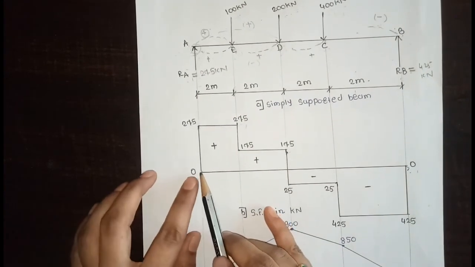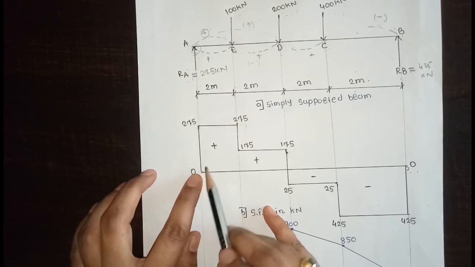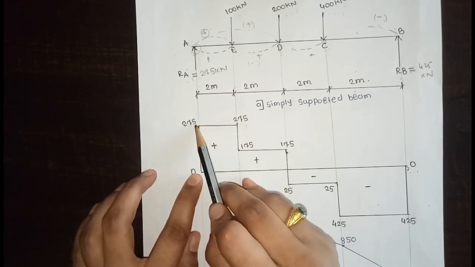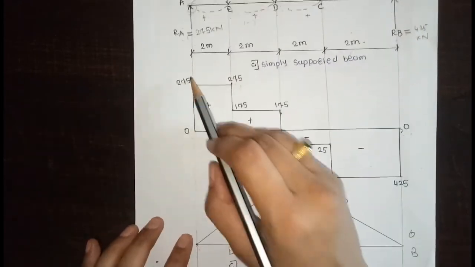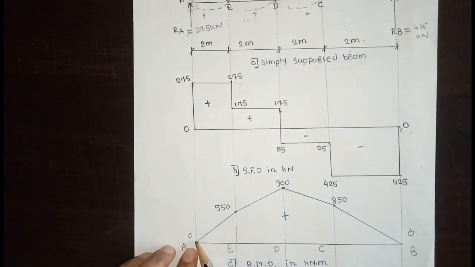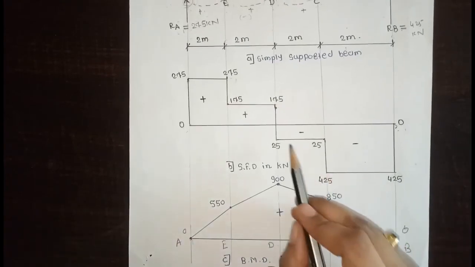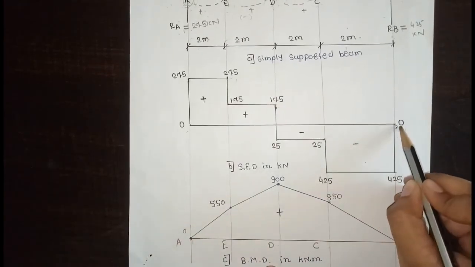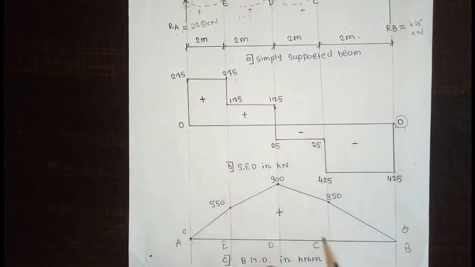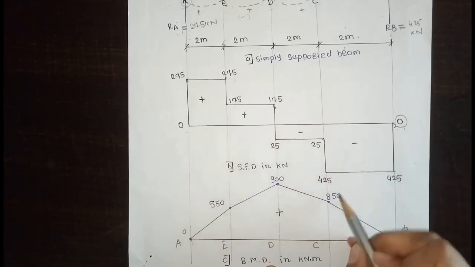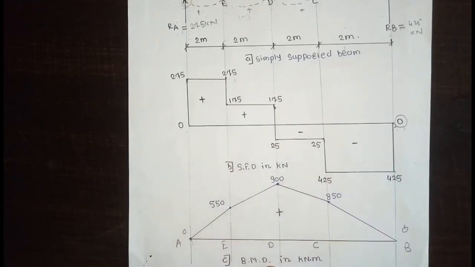When the values in the shear force diagram are maximum, in the bending moment diagram the values are 0. When the value of force in the shear force diagram is 0, then in the bending moment diagram the value is maximum. Thank you.